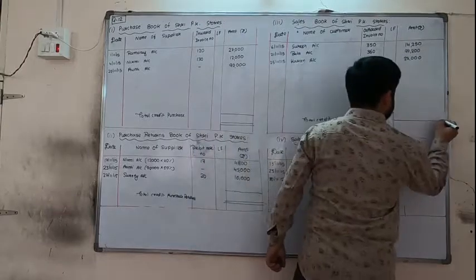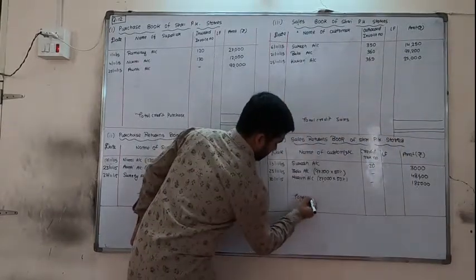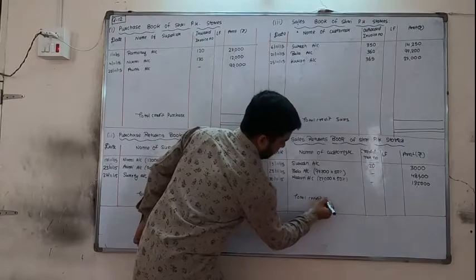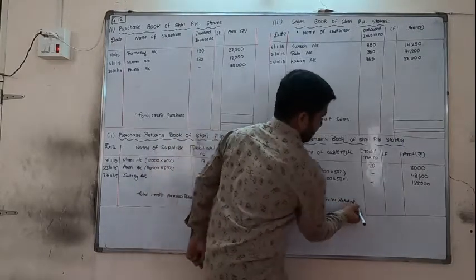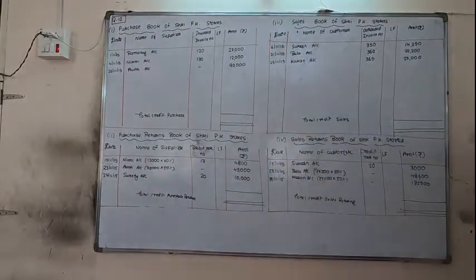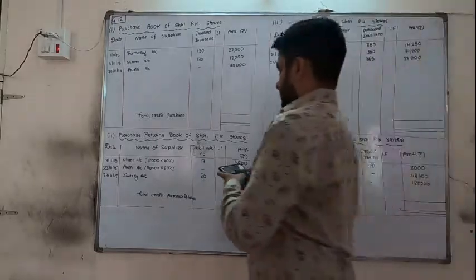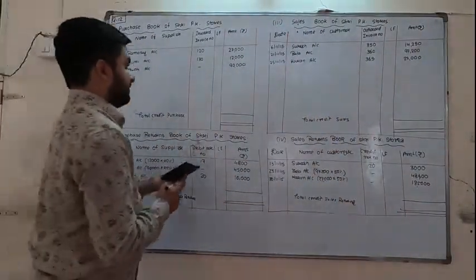Total credit sales. Total credit sales returns. 27,000, 12,000, 90,000.